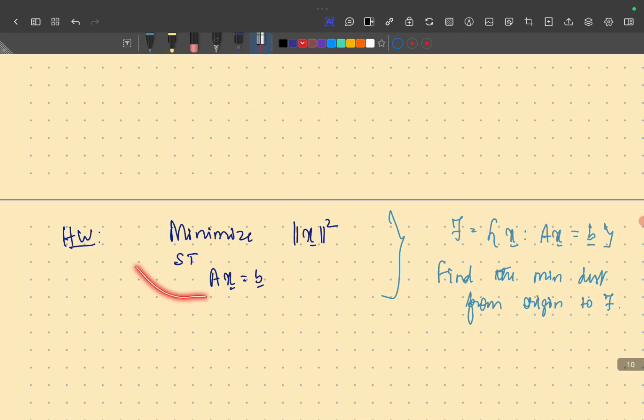All right, so that's why this particular problem is useful. If your constraint set is linear, then this is the kind of subroutine that you would need to run in each step of projected gradient descent.